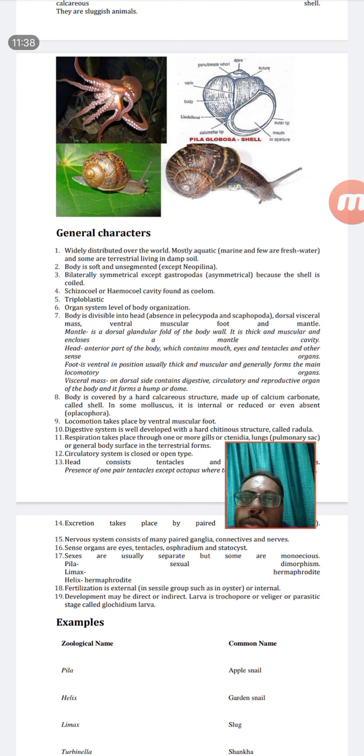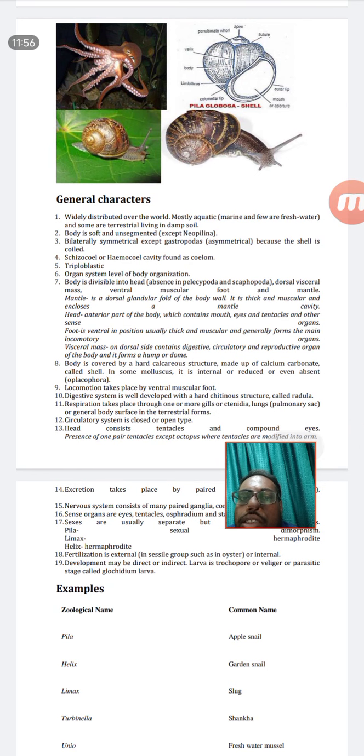Some of the soft-bodied organisms hide inside a shell, or they have a calcareous shell on top. You can see from the diagram, like the snail shell, and octopus doesn't have a shell, but octopus has the capacity to change colors.